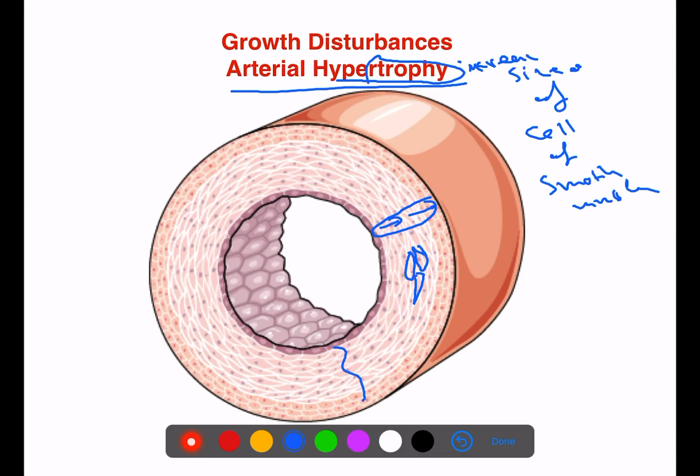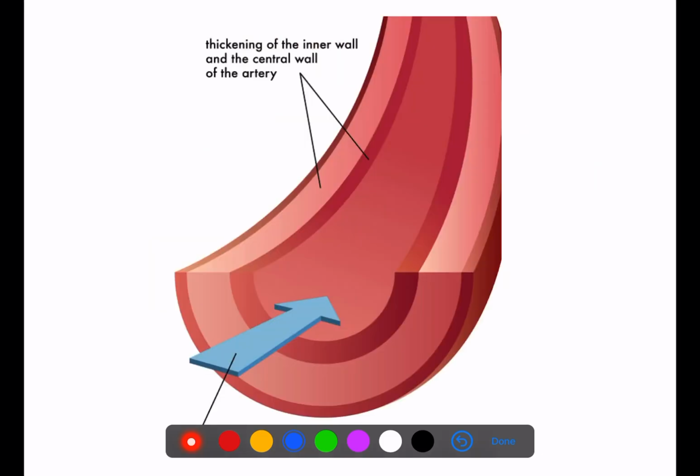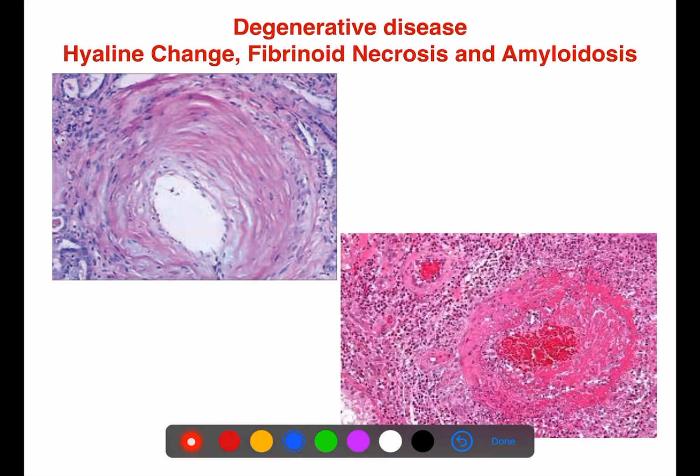This increase in size usually causes lumen stenosis and may lead to infarction of the next organ that connects to this blood vessel. It may be congenital or also acquired, as we see in atherosclerosis in the next slide.